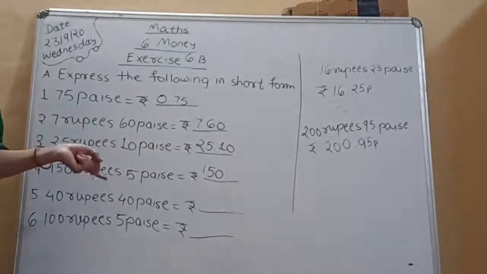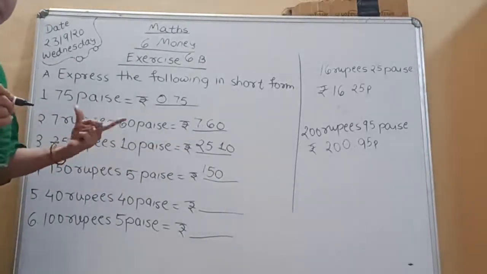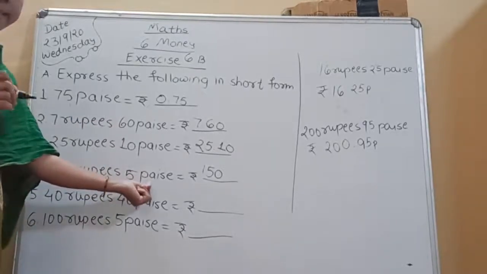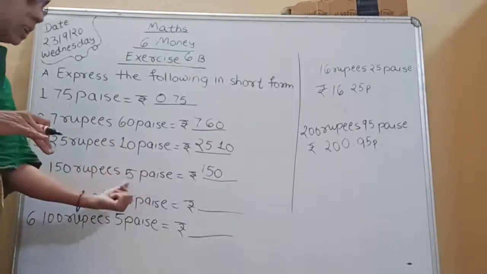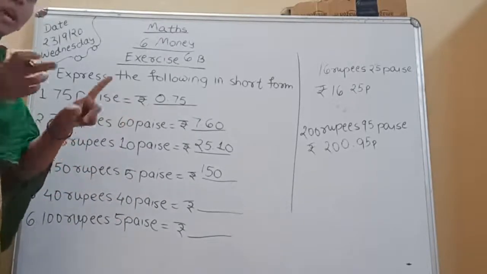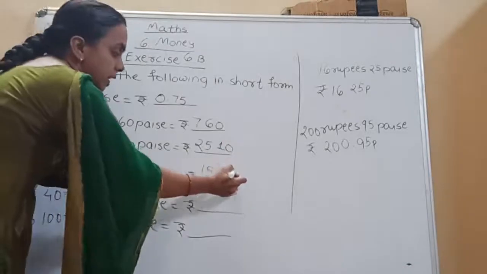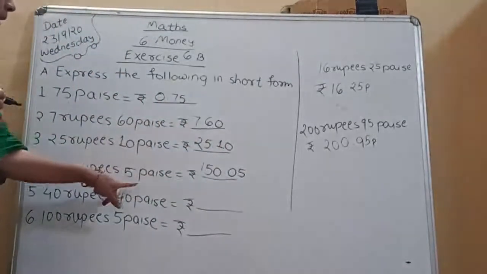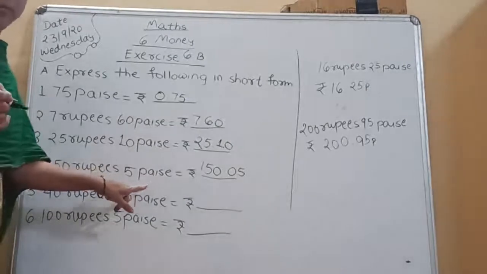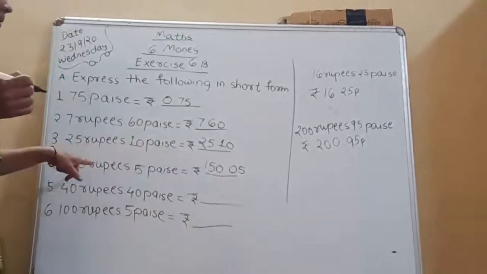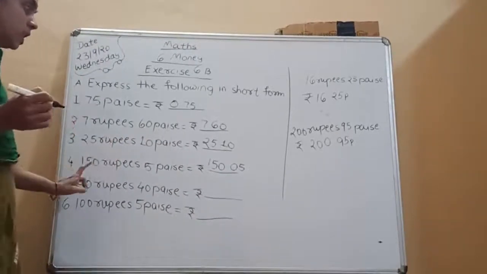We cannot write 50. 50 means 50 paise. Is that given here? No. Only 5 is given. So we have to write 0 and then 5. If we write 50, the meaning will change. Only 5 paise is there. So we have to write 0, 5. So remember these small things.